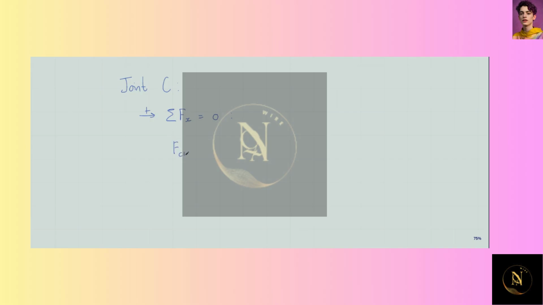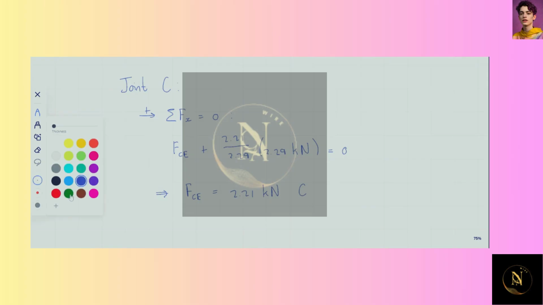So that's FCE plus 2.21 over 2.29 into 2.29 kilonewtons. This must equal 0. So we can find FCE from here. We get a negative answer for FCE, which means it is compressive, and that's 2.21 kilonewtons, which is compression. So we found another force for another member.